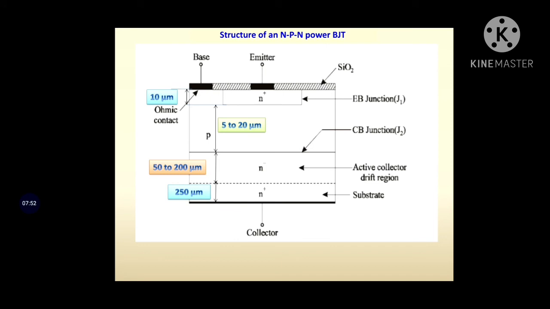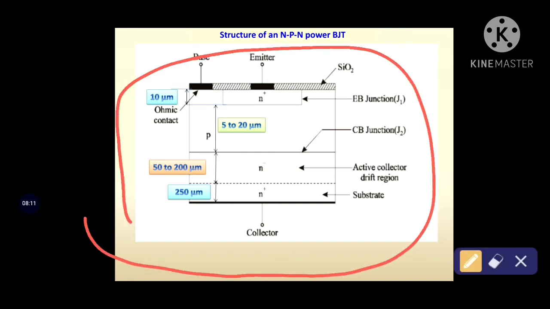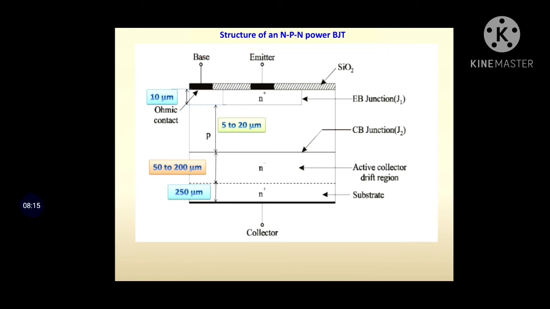Then, the thickness of the substrate, which is the collector region, is approximately 250 micron. So this is the overall structure of an NPN power transistor, and you can see the vertical type of structure of the transistor.